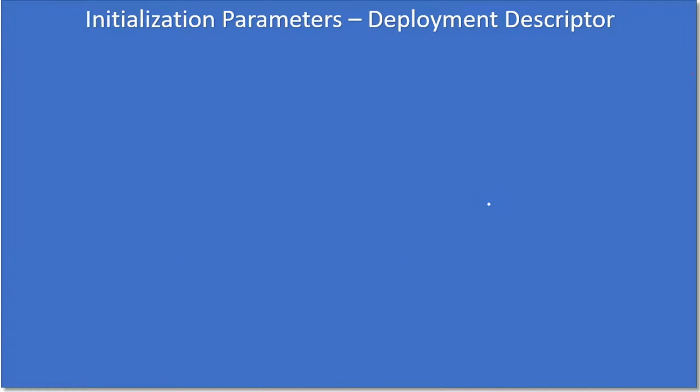Older versions of a web module use deployment descriptors, and annotations were introduced in the latter part of Java EE. So here let us see how a deployment descriptor specifies a servlet as well as initialization parameter.